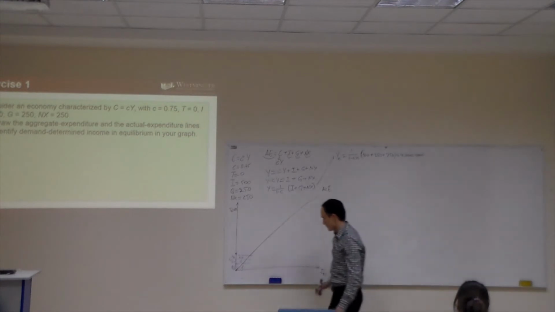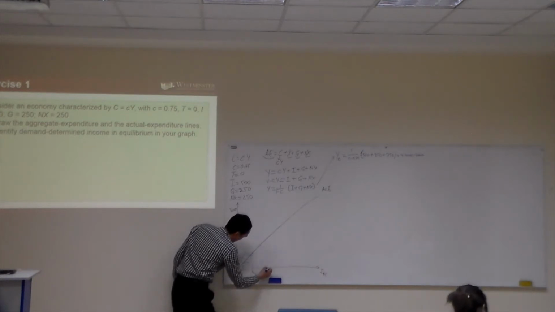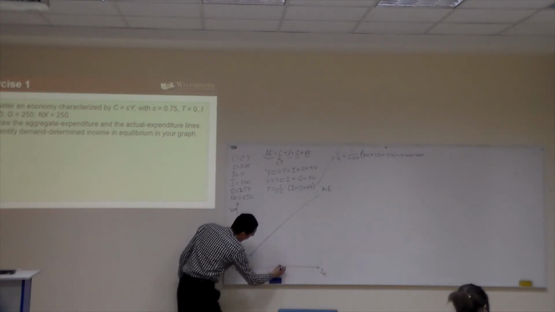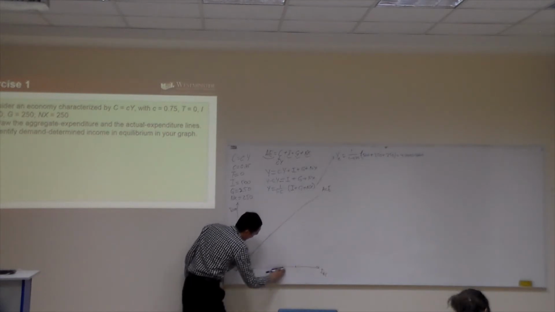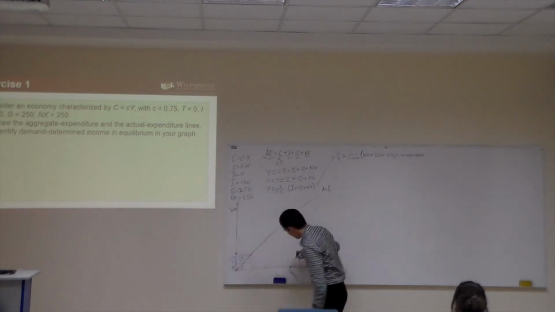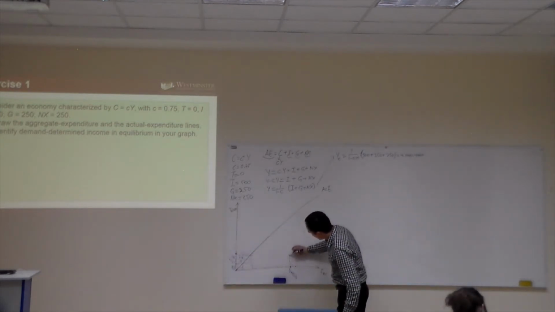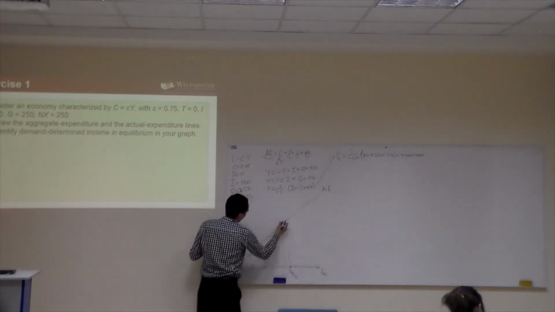So here is 1,000, 2,000, 3,000, 4,000. Let me make it a bit smaller. So 4,000 is here. This is the equilibrium income, which tells us that the actual expenditure and aggregate expenditure lines will cross at this point.